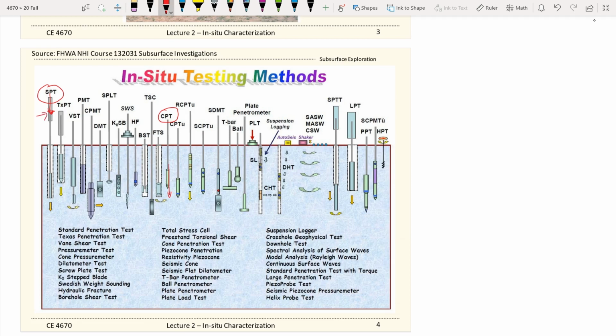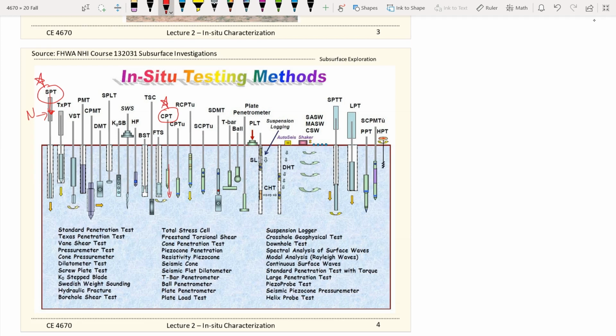We call it the SPT N value, and we use this blow count to correlate with different types of soil properties that we want to find out, such as soil density or soil strength parameters. So in this class, we will focus on these two testing methods, SPT and CPT.